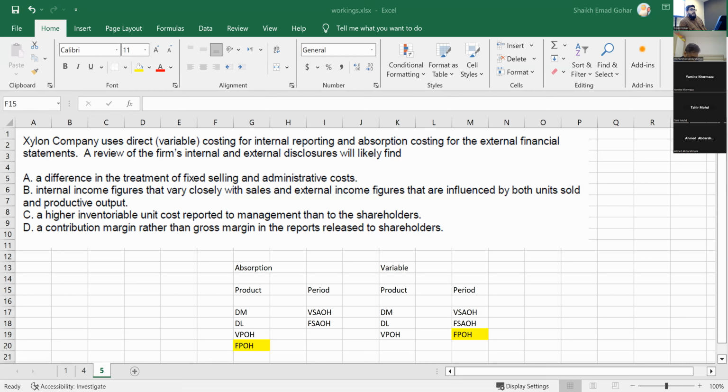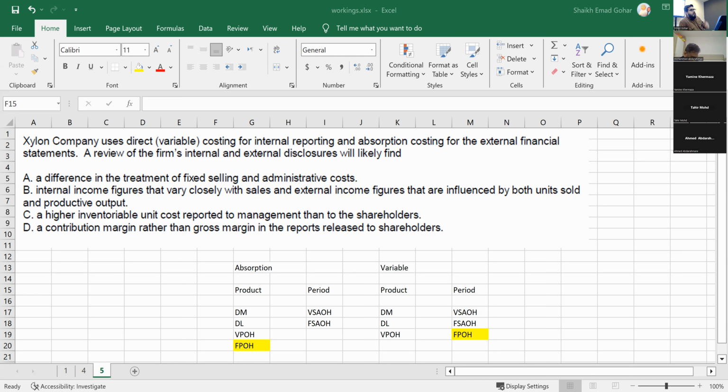So what we discussed that time, I am repeating again for you. In absorption costing, we can manipulate the profit by increasing or decreasing the inventory, the closing inventory. Remember, we can play with it.